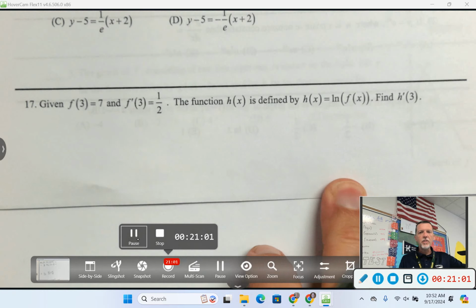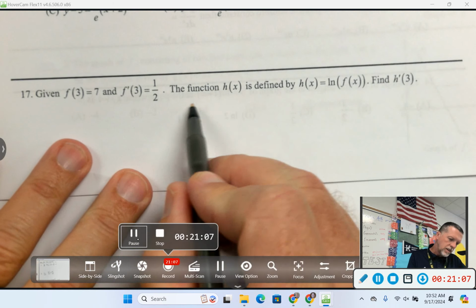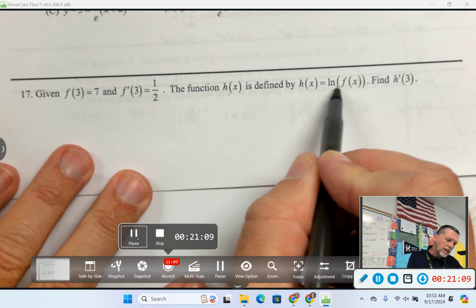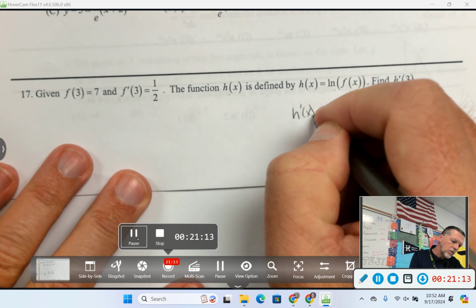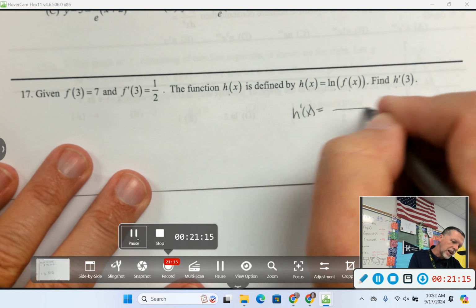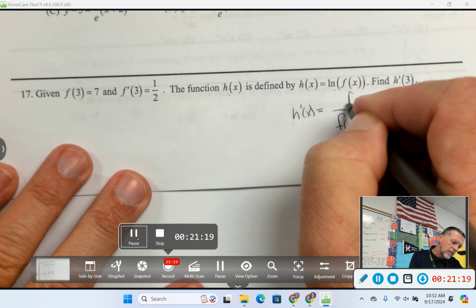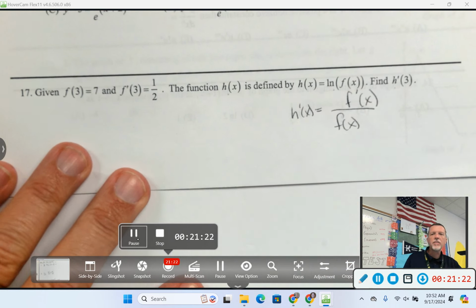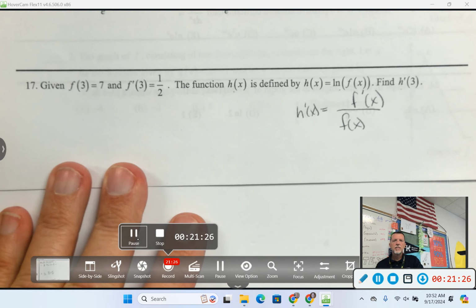Number 17, another inverse problem, I think. Maybe? No. Function h is defined by the natural log of f of x. Find h prime of 3. Okay, so the derivative of a natural log is 1 over f of x times the derivative of f of x.